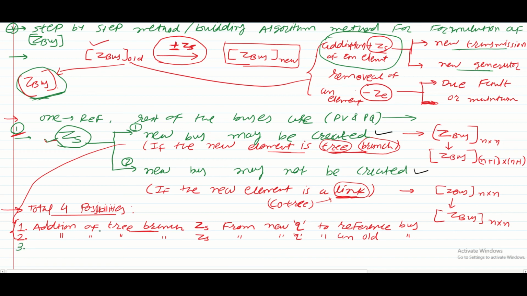The third one is addition of co-tree link, a co-tree link with the self impedance of ZS, from old bus K to reference bus.